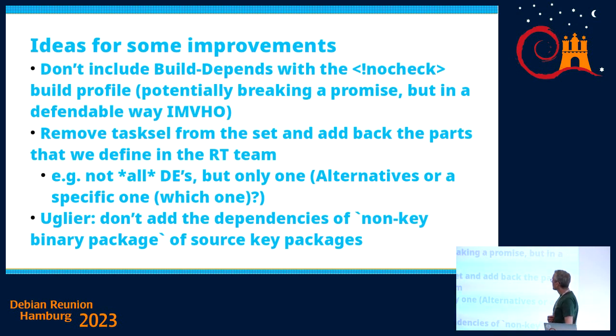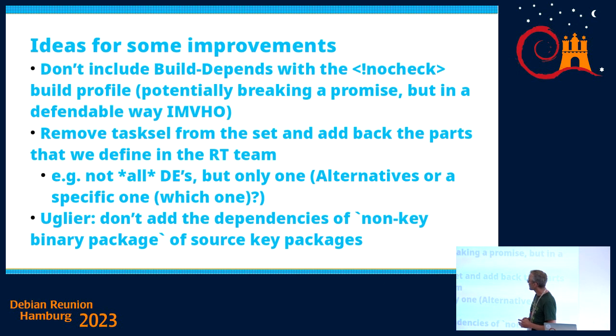So I've been thinking about this problem quite a bit. When we evaluate what to do with bugs in key packages, we are already looking at a lot of different classes of key packages.